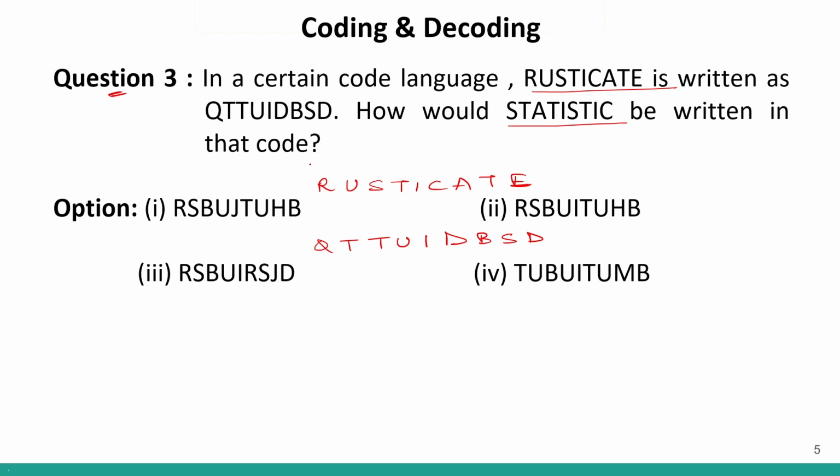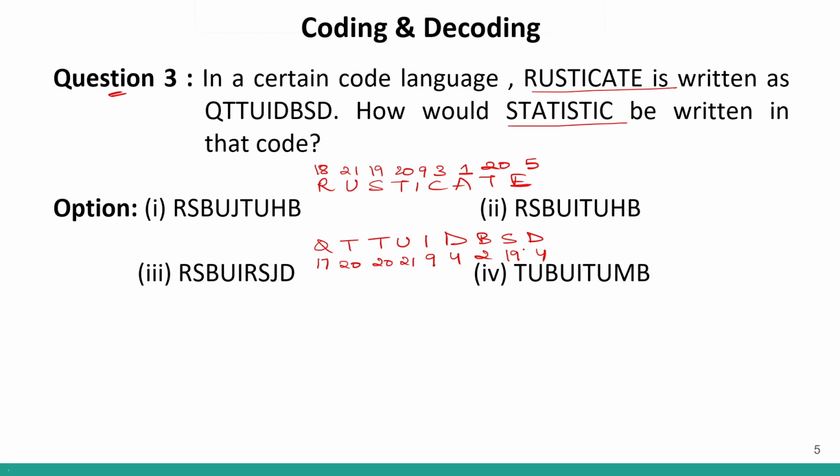Now, so here if I put the forward ranks, this will be 18, this will be 21, this is 19, this is 20, I is 9, this is 3, this is 1, this is 20 and this is 5. If I put forward ranks below, Q will be 17, 20, 20, 21, I is 9, D is 4, B is 2, then S is 19 and D is 4.